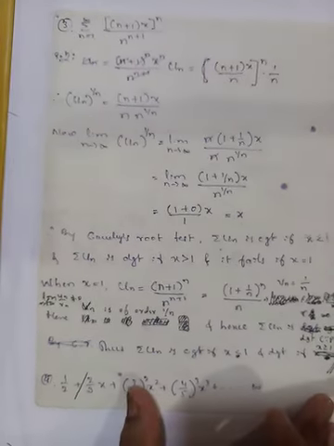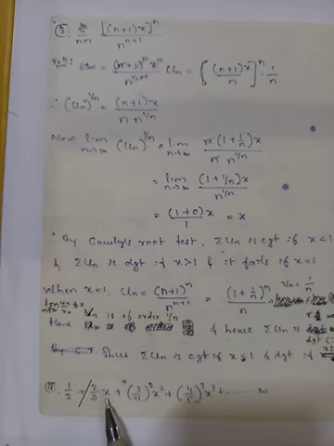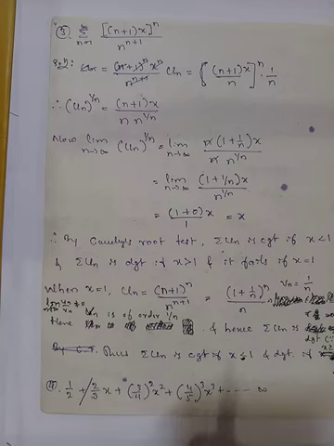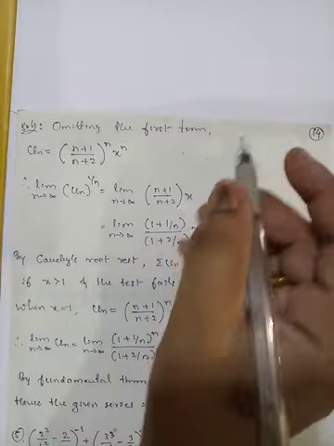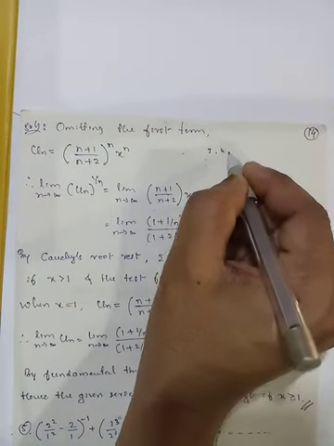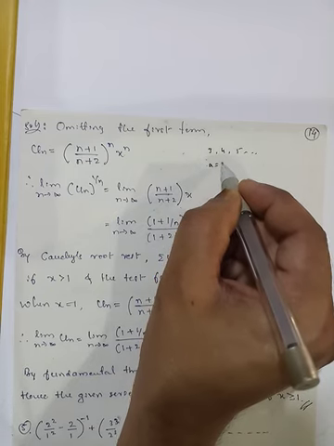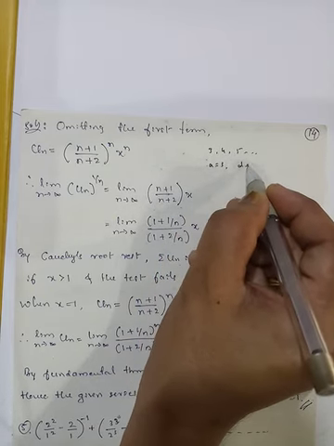Next I take the second factor 3, 4, 5, so on. Here a equal to 3, d equal to 1.